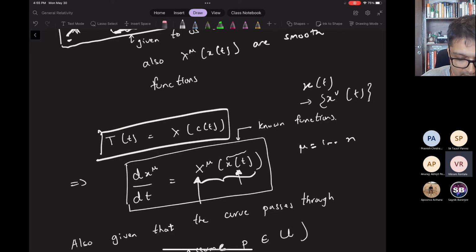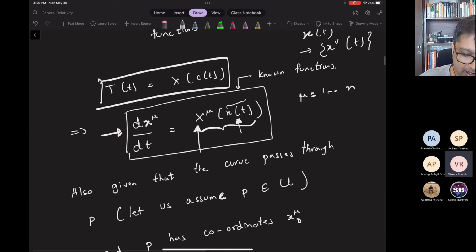And then what you have to do is construct a curve c(t) such that the tangent vectors to that curve satisfy this equation, where the tangent vectors have dx^mu/dt as their coefficients. This is one condition that must be satisfied.